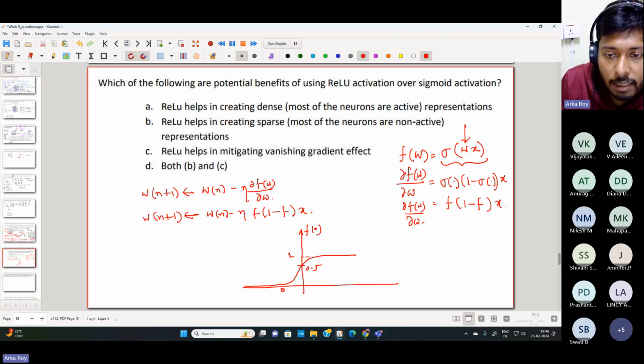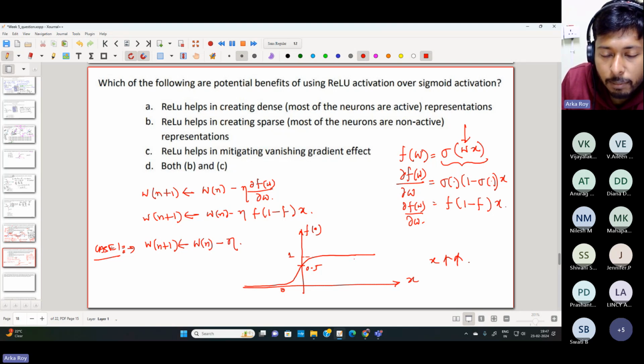Now, let us consider that the x value is very high for the sigmoid. If x is very high, your sigmoid output will be almost equal to 1. Is it not? When x is very high, what will be the output of this sigmoid function? 1.